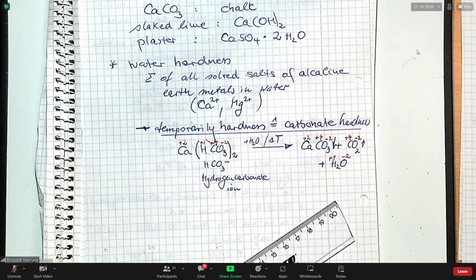And the bigger problem is when you think about a closed system where water is in, and a lot of this calcium carbonate is forming a big, thick coating inside.